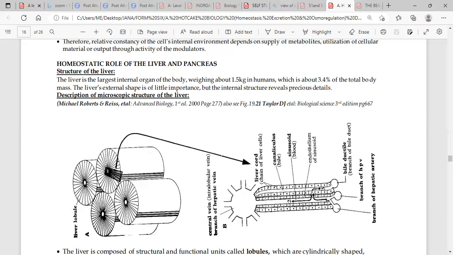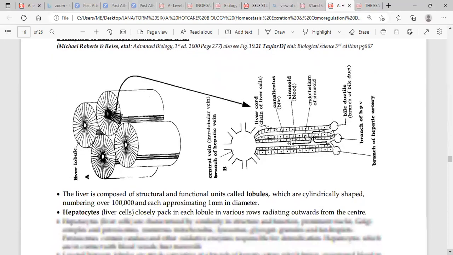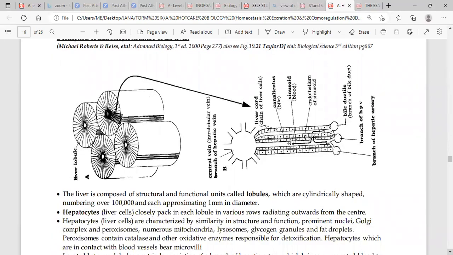When you look at the diagram, you are looking at the liver lobule, and once we extract one liver lobule from A, it appears in this format in B. You see it has the central vein, that is the intralobular vein, which is a branch of the hepatic vein.